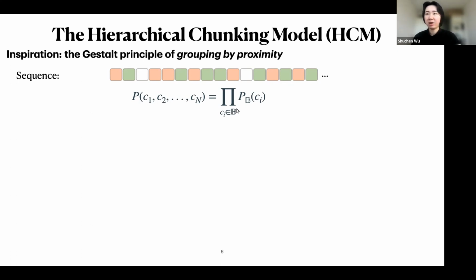How the learning process executes is, I would say, rather simple. Let's say you have learned a set of chunks, and you always use the chunks in this set, which I denote as B, the belief set, to parse the sequence.